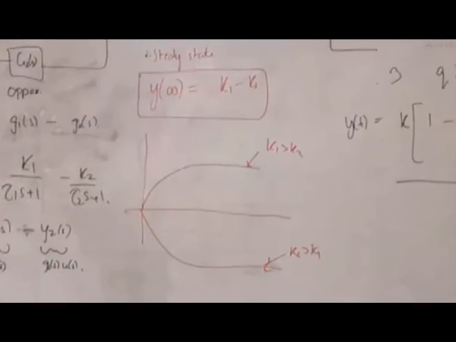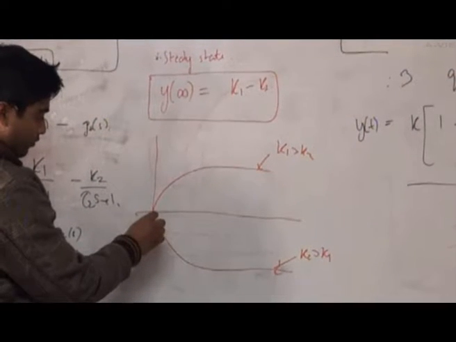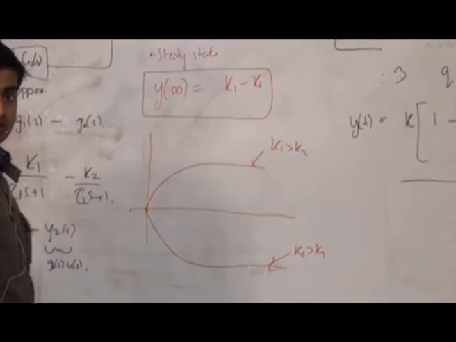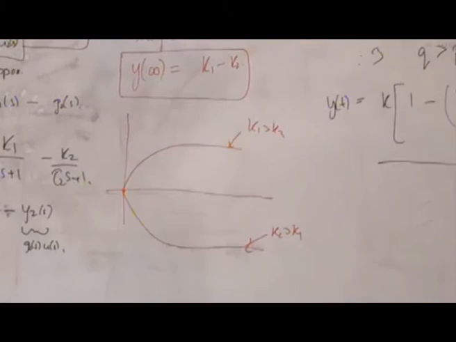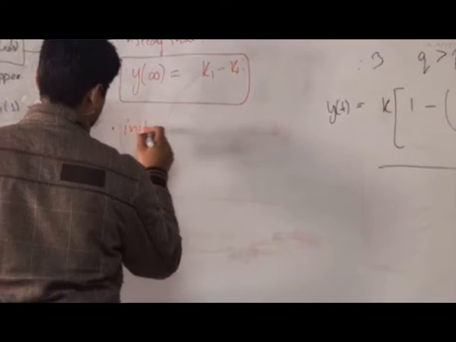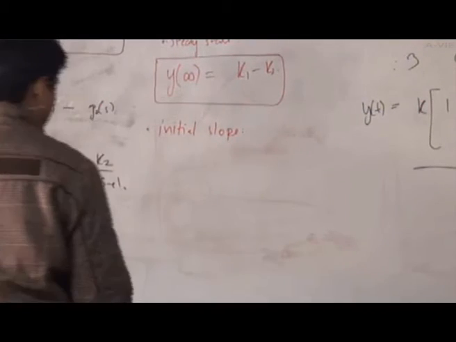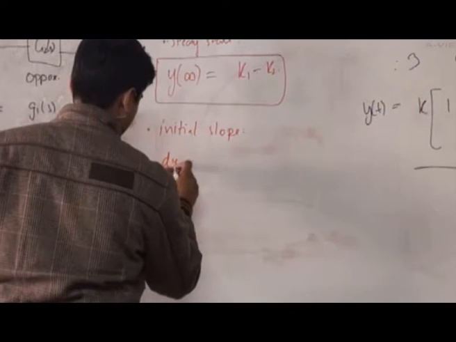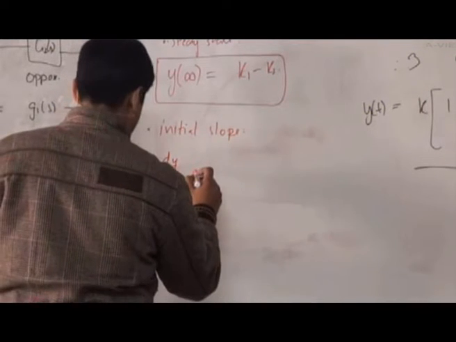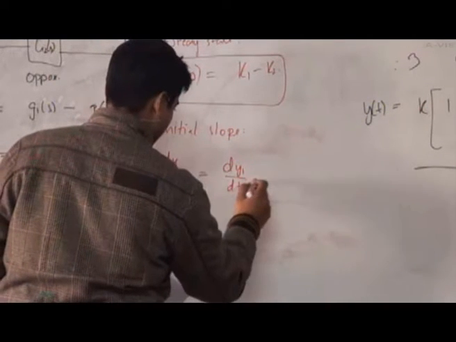So you see the effect: I start at this point 0, and finally it reaches the negative values. Now see the initial slope. The initial slope will be computed by differentiating the overall response, which is given by this equation.